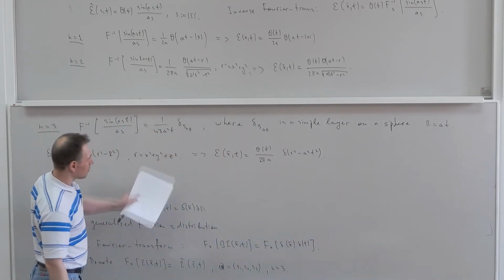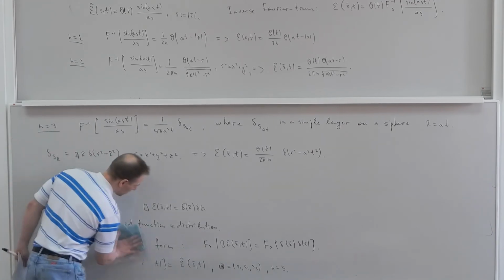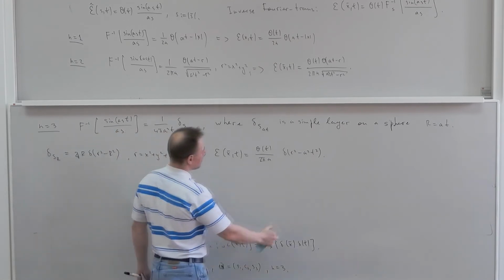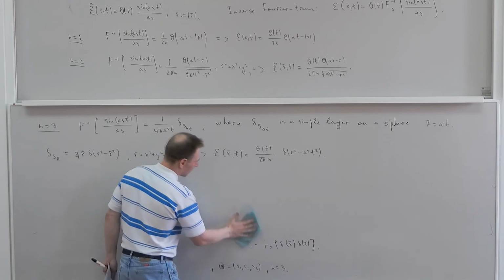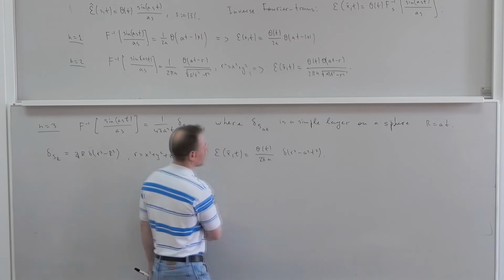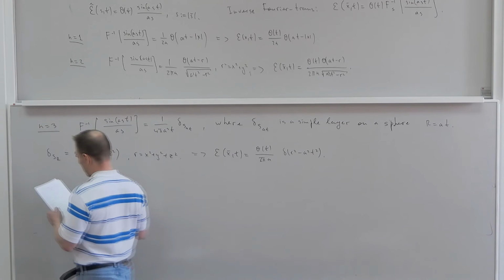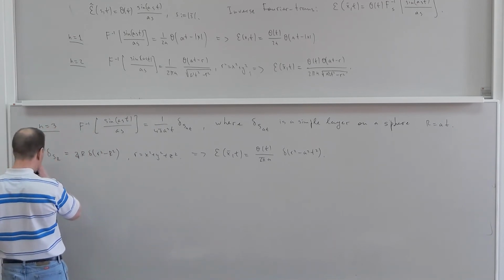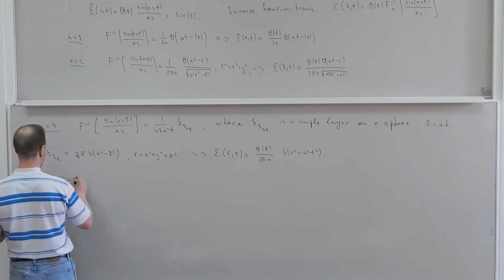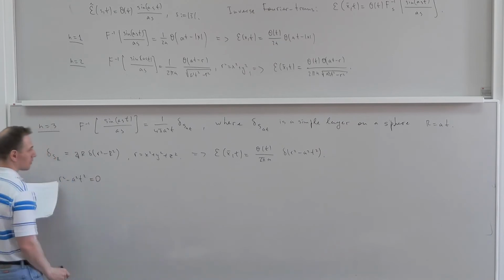Now we can simplify this expression a little bit. Here we see that the delta function with a complex argument enters this expression, and so we can rewrite it in simplified form. To this end, we have to consider such an equation.